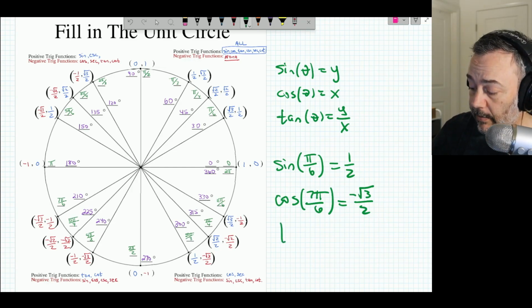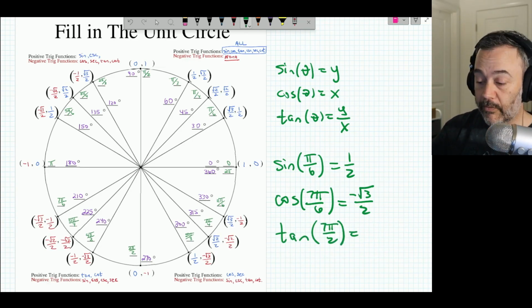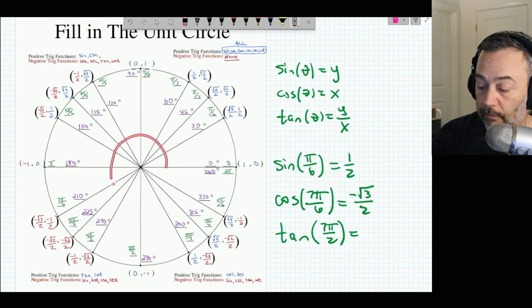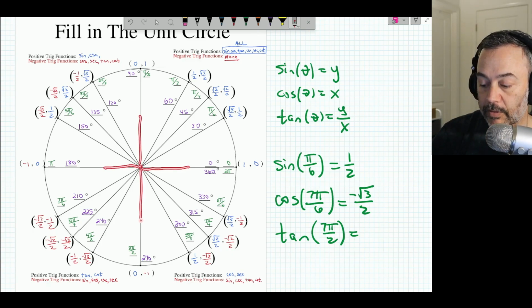Okay, not bad. Tangent of, how about tangent of 7 pi over 2? Well, where's 7 pi over 2? 4 pi over 2 is 4 quarter turns, because pi over 2 is here. 2 pi over 2, 3 pi over 2, 4 pi over 2, 5 pi over 2, 6 pi over 2, 7 pi over 2.